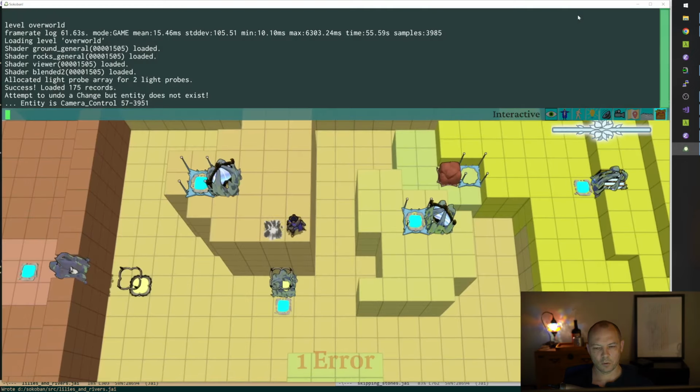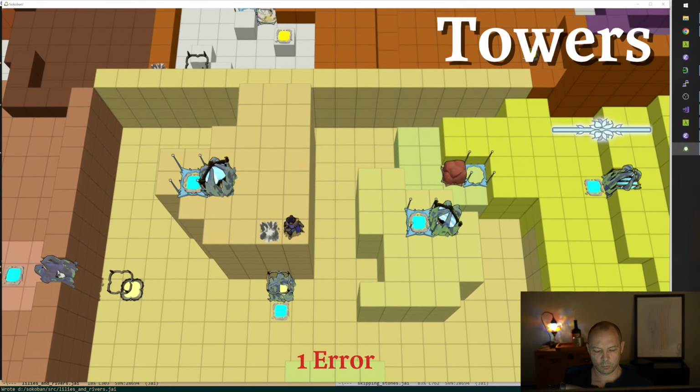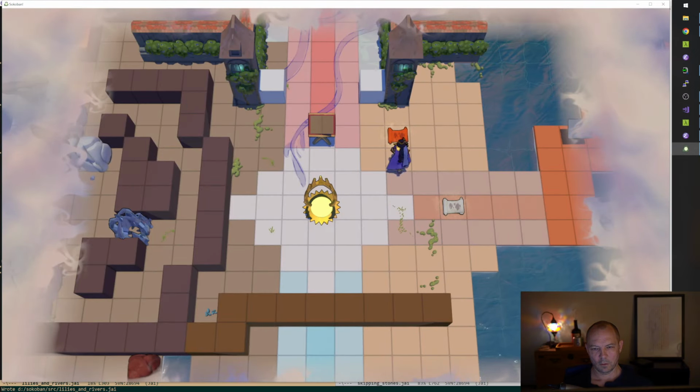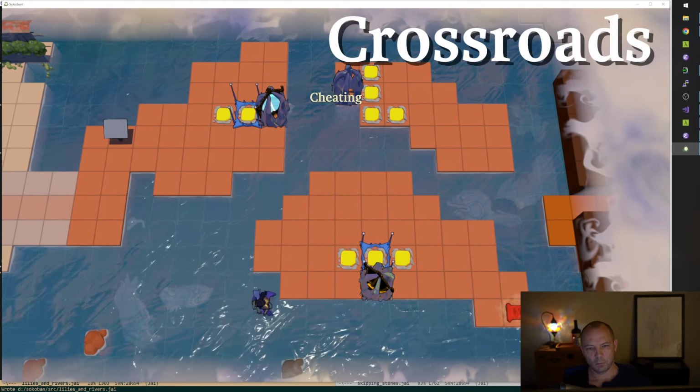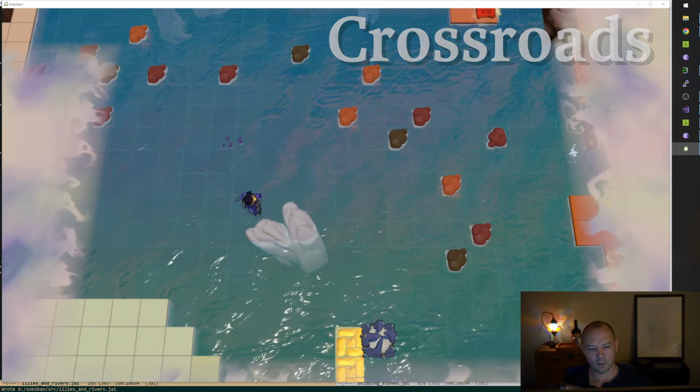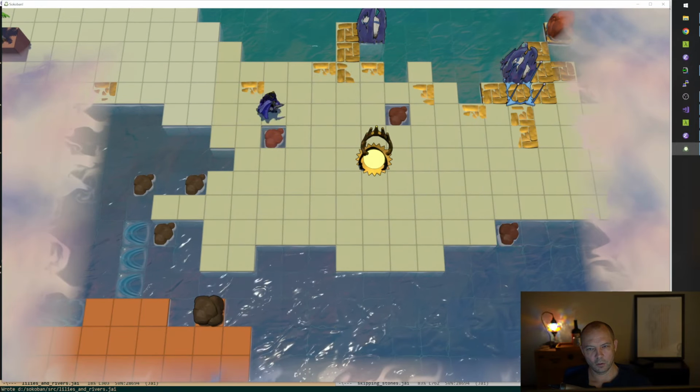I also want to make sure I didn't do something intolerably horrible. So right now we have no skipping stones, but we're going to have some here.